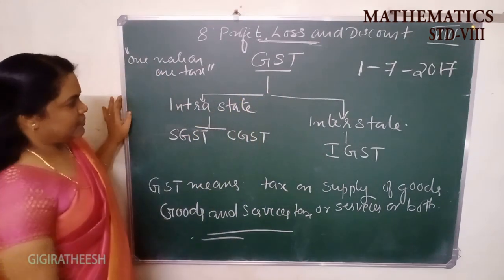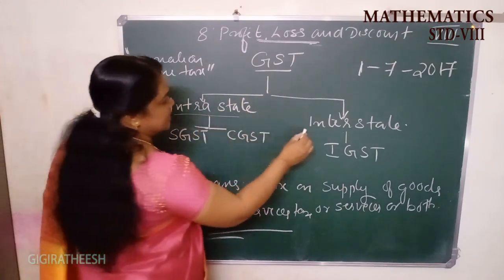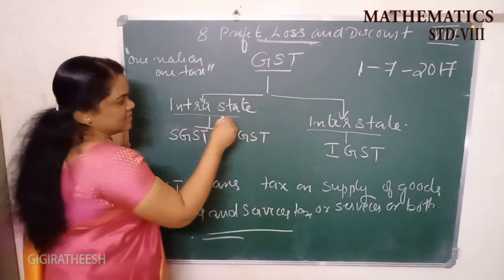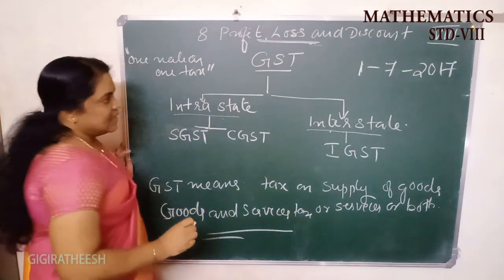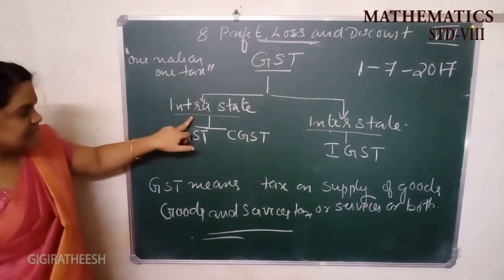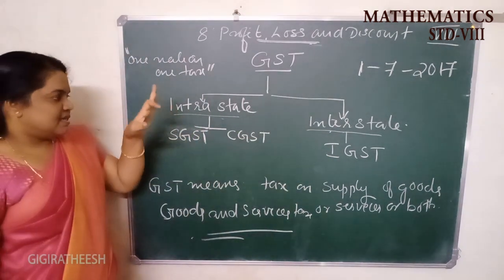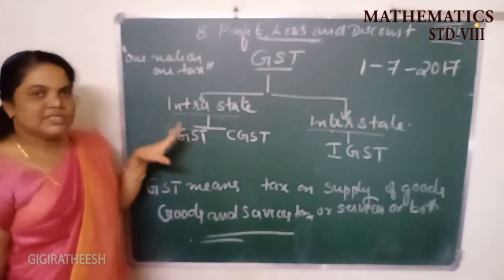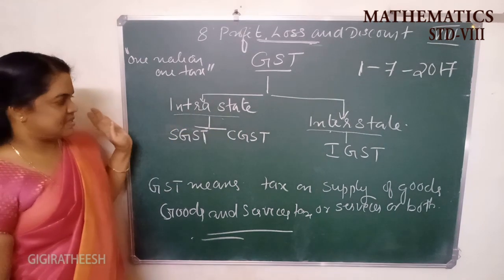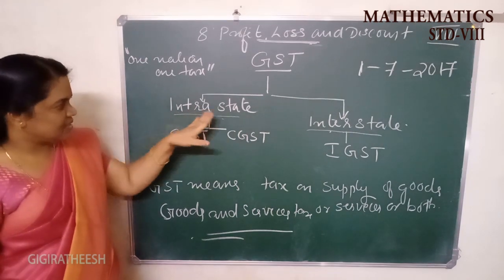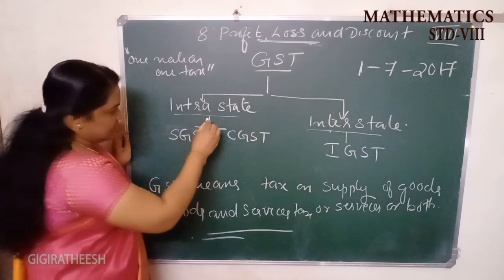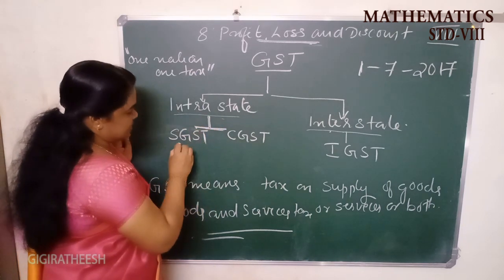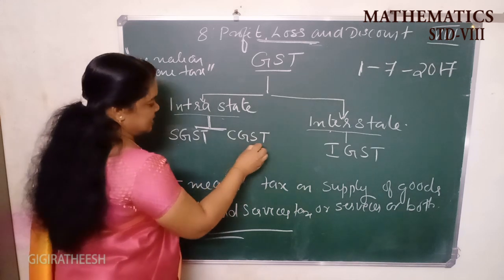GST comprises intrastate GST and interstate GST. Intrastate GST means a transaction within a state. For intrastate GST, the government levies two types of taxes, SGST and CGST.